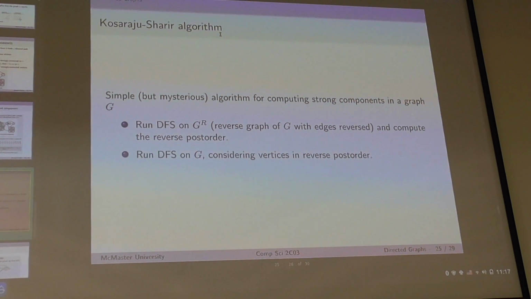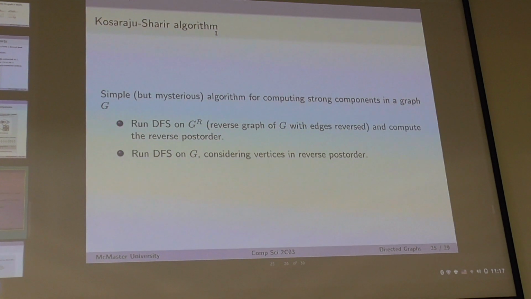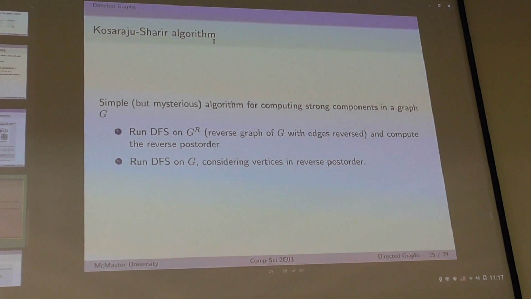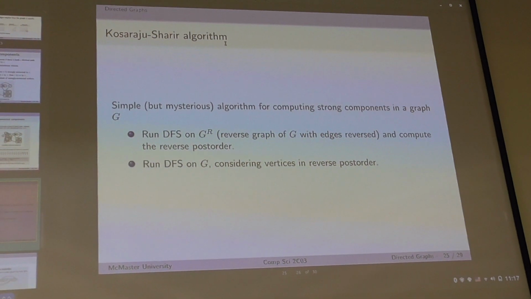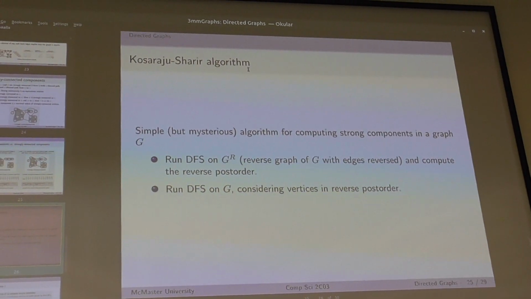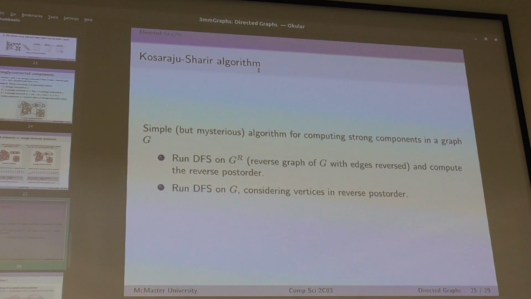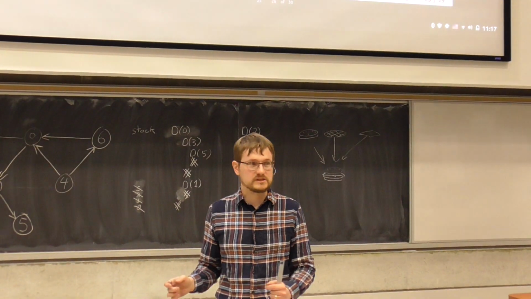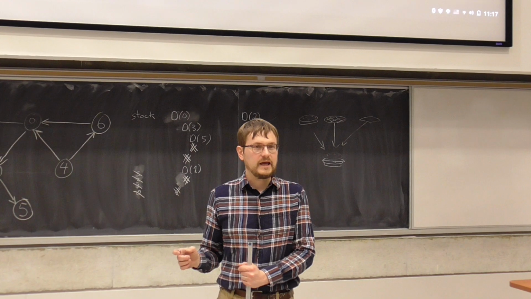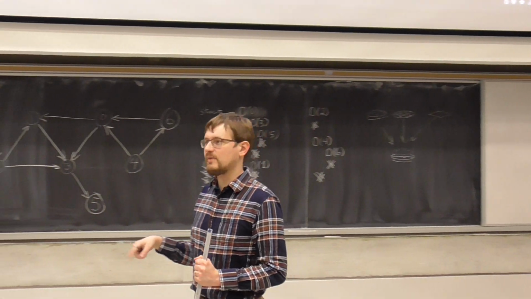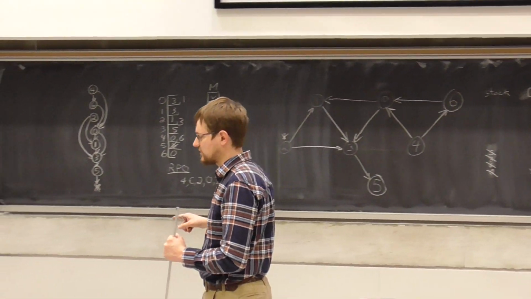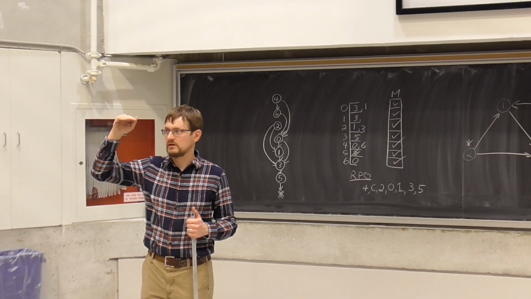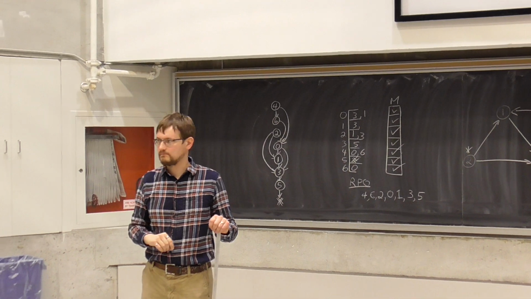Then we run depth first search on the graph, considering the vertices in reverse post order. So we generate a reverse post order on the reverse graph, then we take that ordering, which is a topological sort, and we put the graph back into its forward direction.